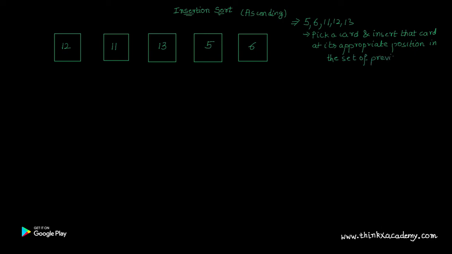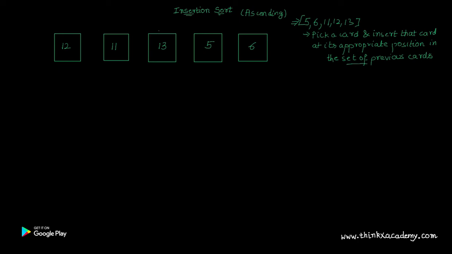So we are going to pick up a card and place it at its appropriate position, and appropriate position means that it should follow the ascending order rule. And we are going to place this card in the set of previous cards.